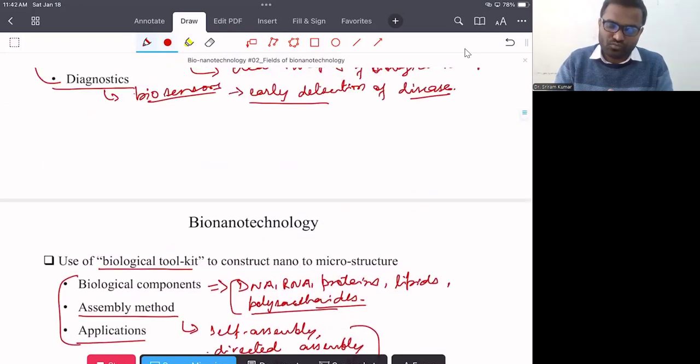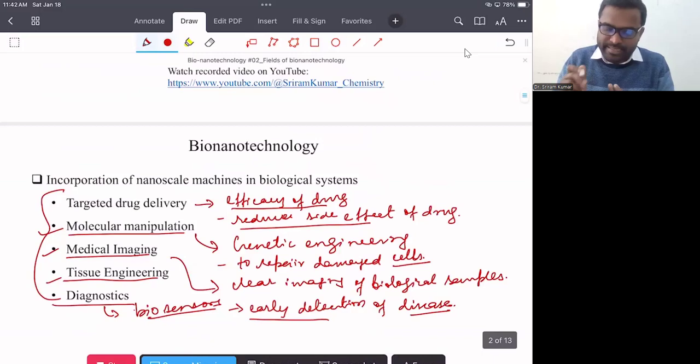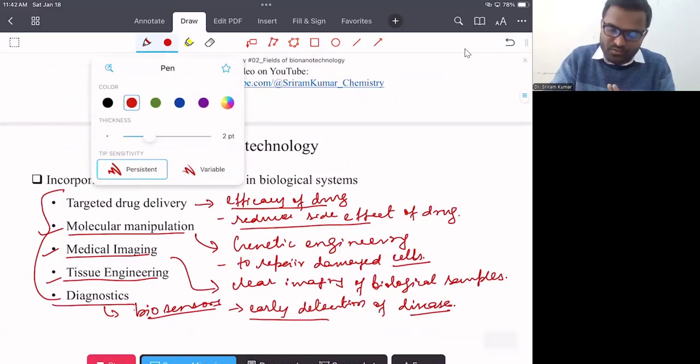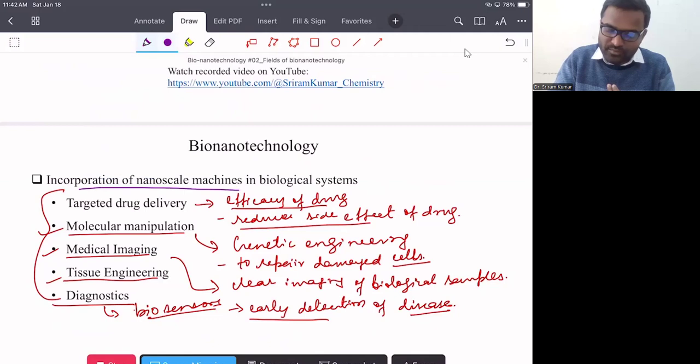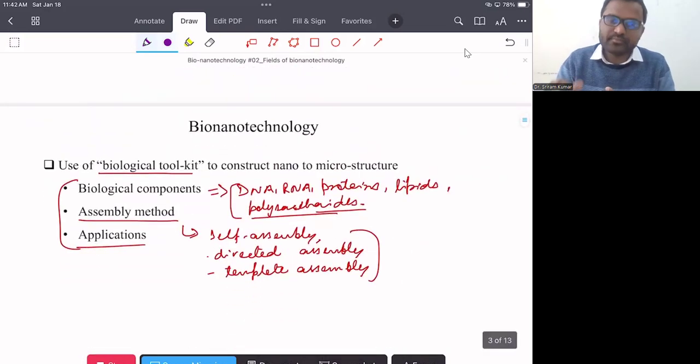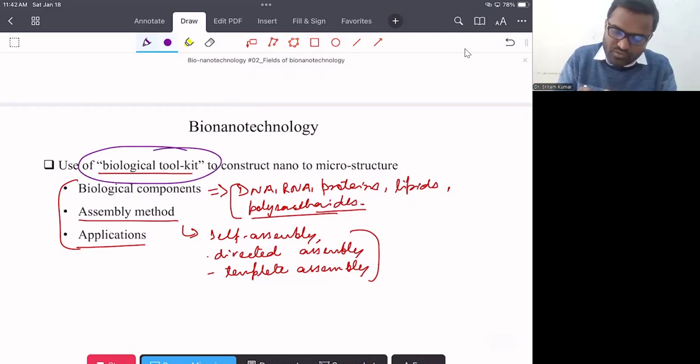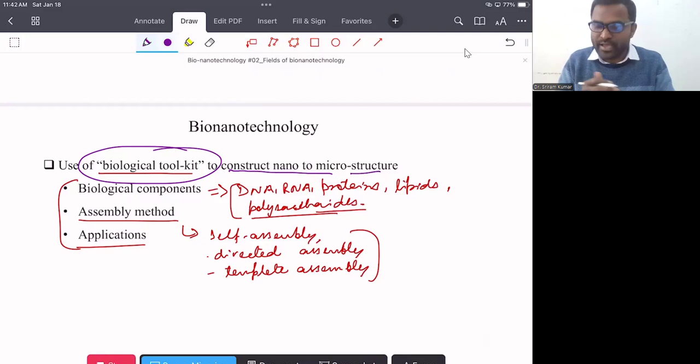One is to use nano-scale based materials, a nano-scale based machine, to understand the biological system. The second approach is to use the biological toolkit to construct materials at the nano and micro scale. It has similar applications, but there are two approaches.